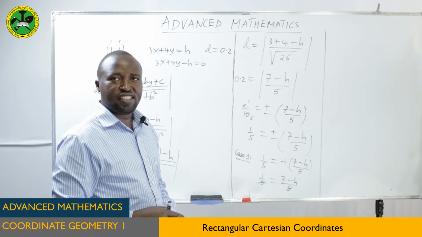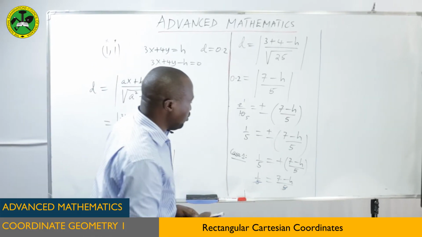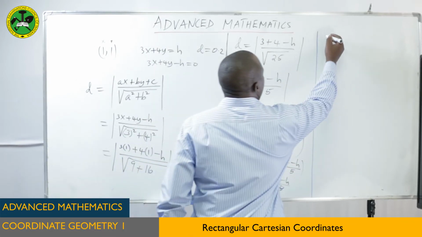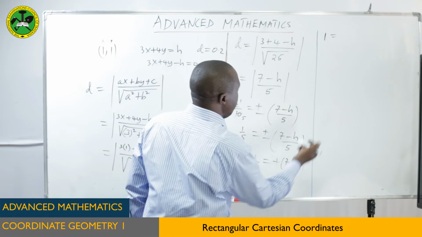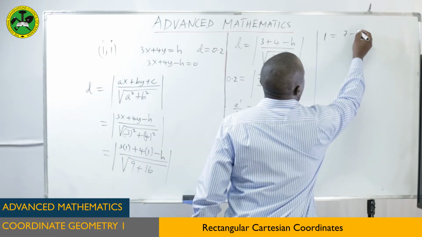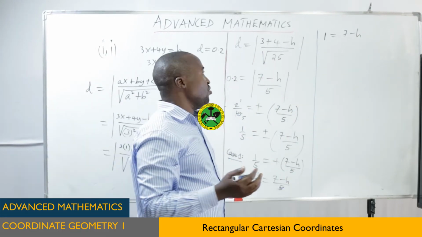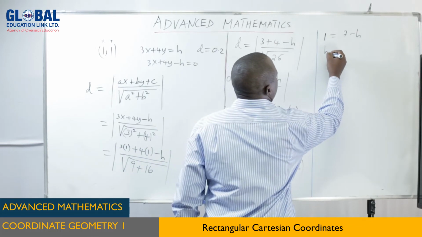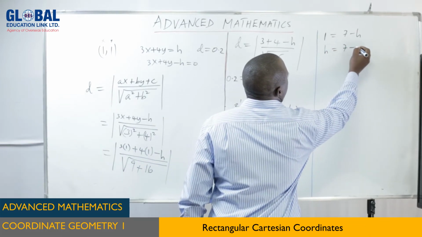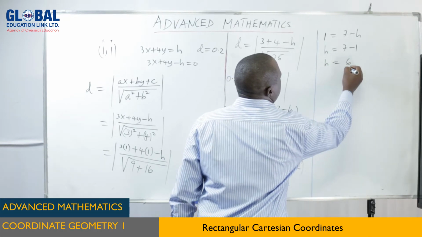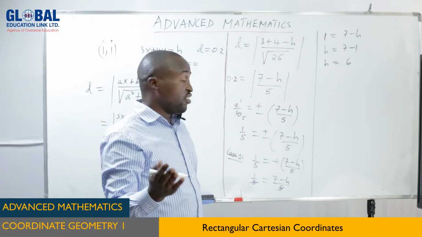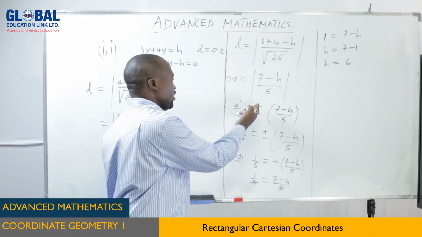So dear student, on simplifying here, we are going to remain with 1 is equal to 7 minus h. So now h will be equal to 7 minus 1. Therefore h is equal to 6. That is for the case of positive.